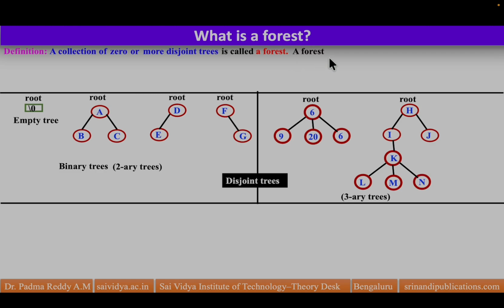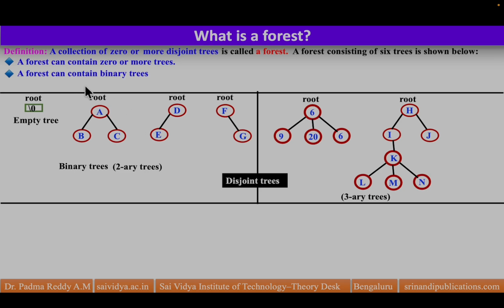A forest consisting of 6 trees is shown below. A forest can contain 0 or more trees as shown here. A forest can contain binary trees. For example, these are binary trees and they are disjoint binary trees. So, a forest can contain binary trees or a forest can contain M-array trees, where M greater than or equal to 2.